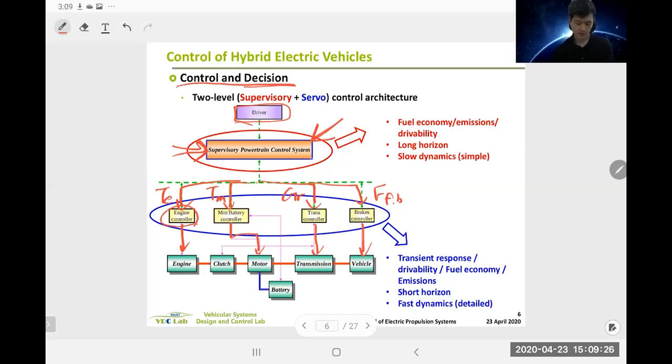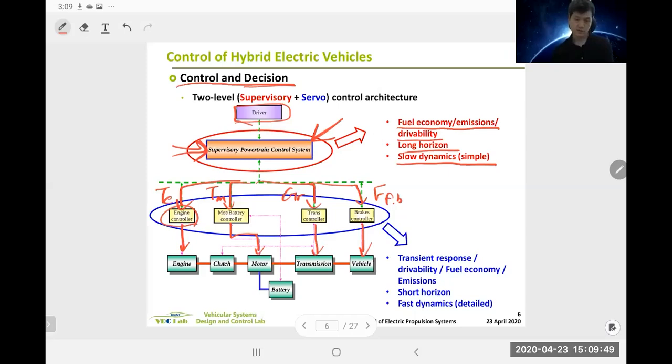The high-level controller usually handles fuel economy, emissions, and drivability. It looks at a longer horizon and takes care of relatively slower dynamics, because we're talking about energy flow, right?